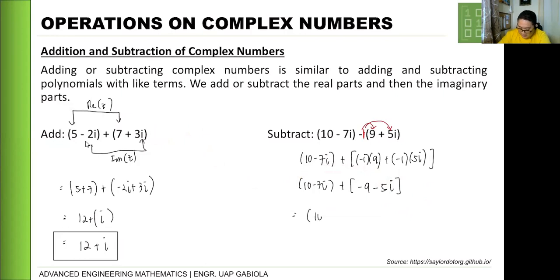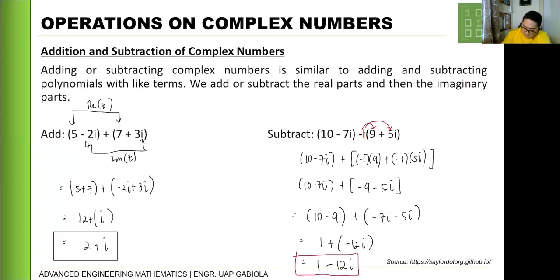So we have 10 minus 9 plus negative 7i minus 5i. So we have 1 plus, this will be negative 12i, and then simplify natin. So 1 minus 12i. So this will be our answer for our subtraction. Okay?